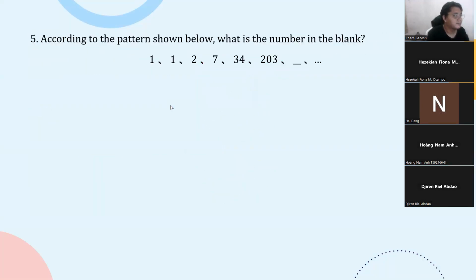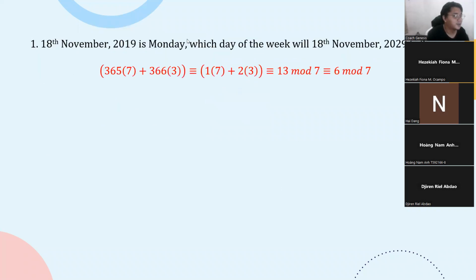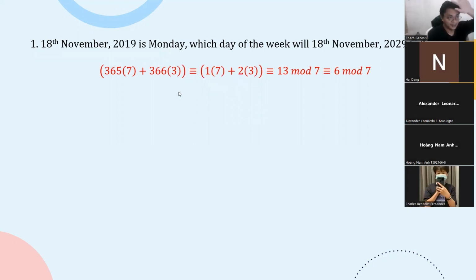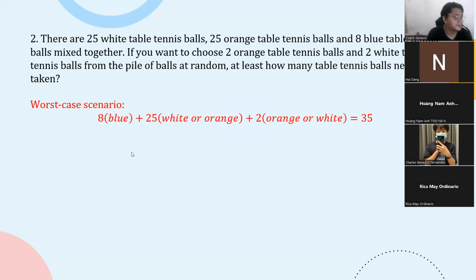So here, 4. So this is for number 1. Oh yeah, that is number 1. And number 2. No, that is number 2. So solution. This is just actually logical thinking.